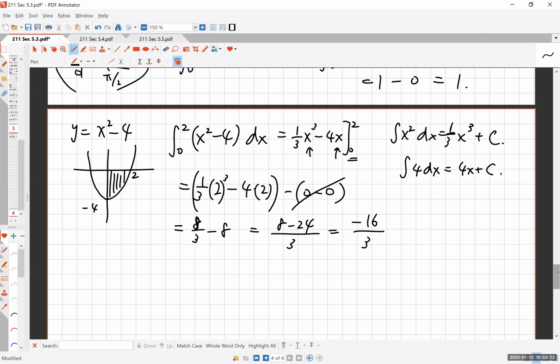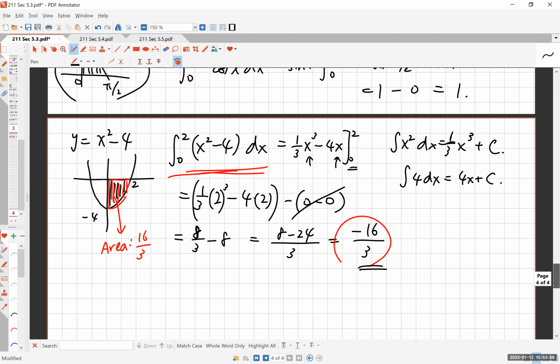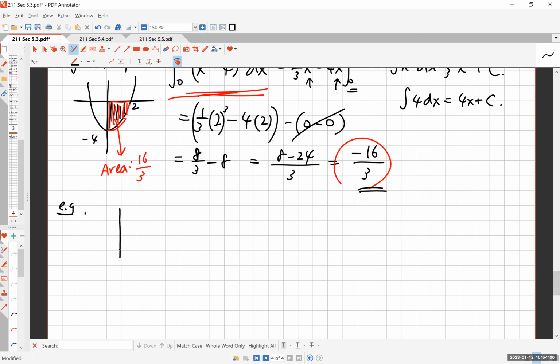If, however, you are asked to find the value of this integral, then your answer should be -16 over 3, just because the region is under the x-axis. Remember that the area should be written as a positive number, even though the definite integral can be positive or negative.